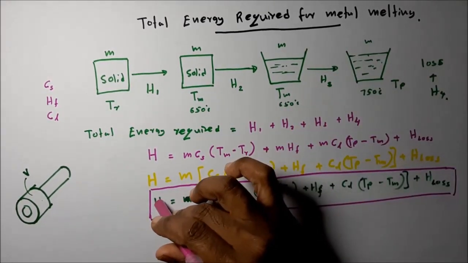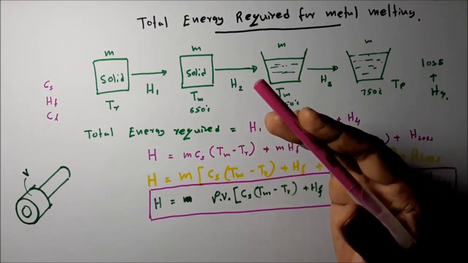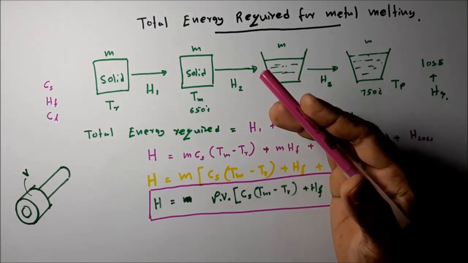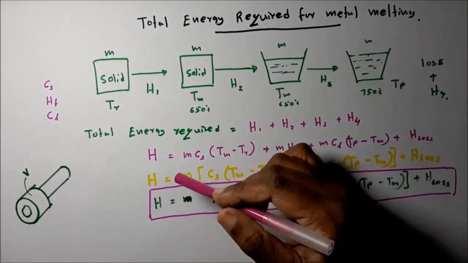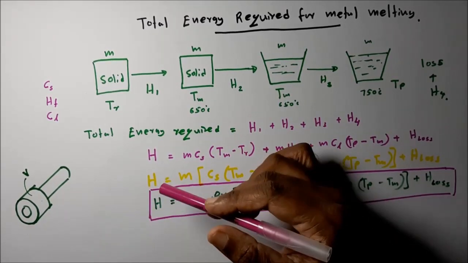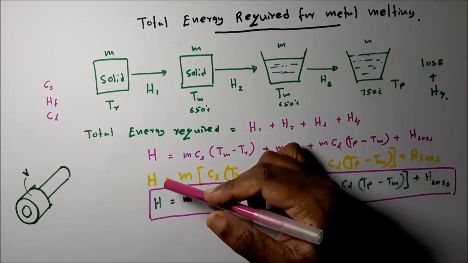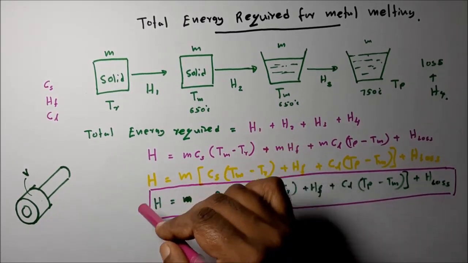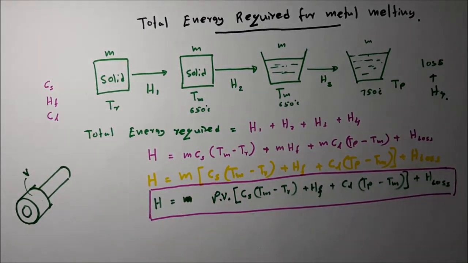If you know this H value, we can estimate the total energy consumed, the total electricity required for a certain casting operation. Then if you know this energy, we can estimate the cost per part. That is a very important calculation in metal casting.